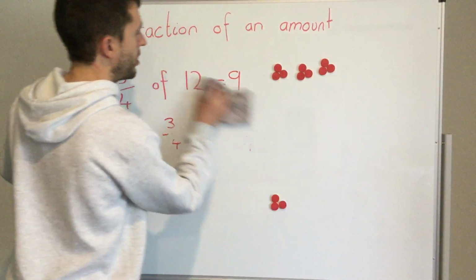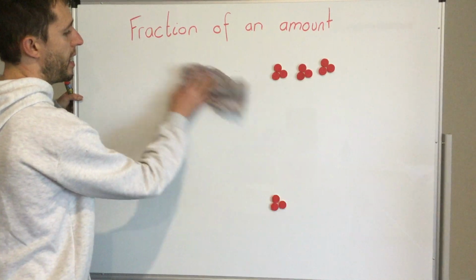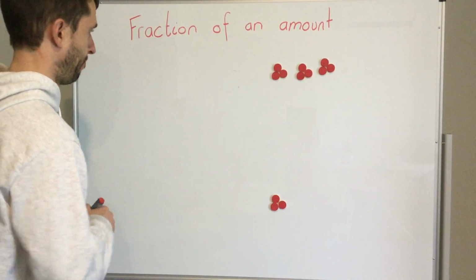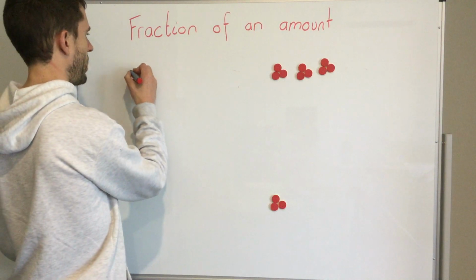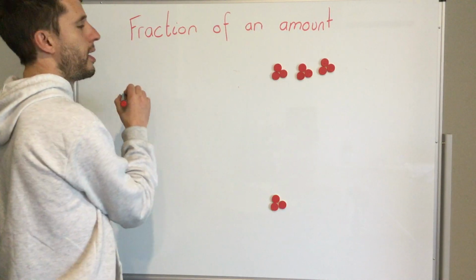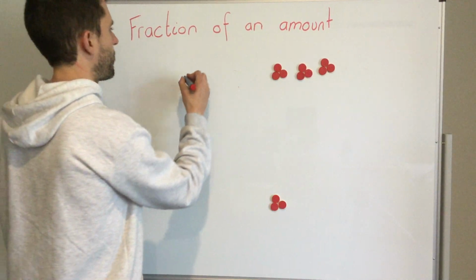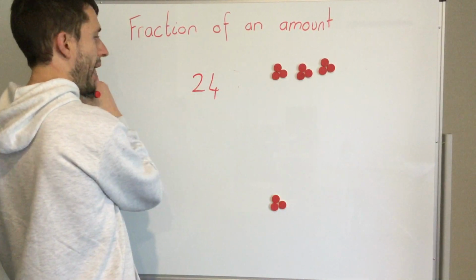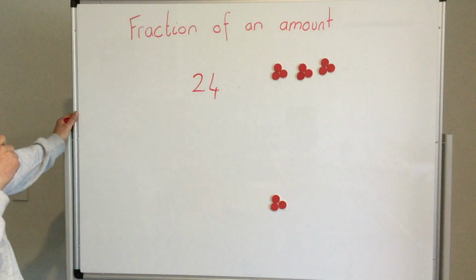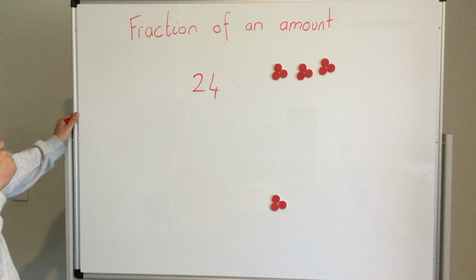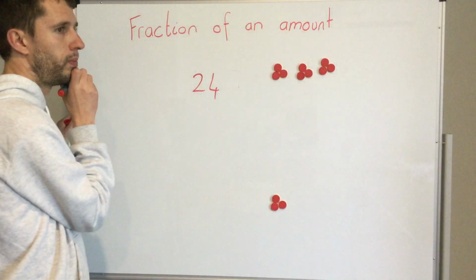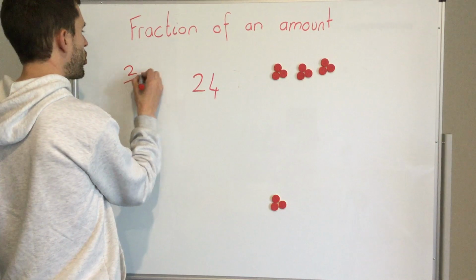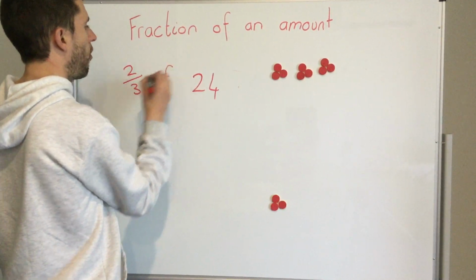Okay, I'm going to put a question up here. And I'm going to get you to have a go and I'll come back. Okay, so say I have 24 magnets and I am looking at only counting, I'm just doing it in my head, 2/3. 2/3 of 24.